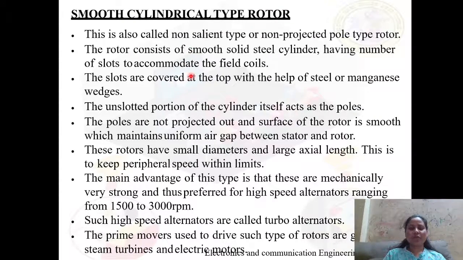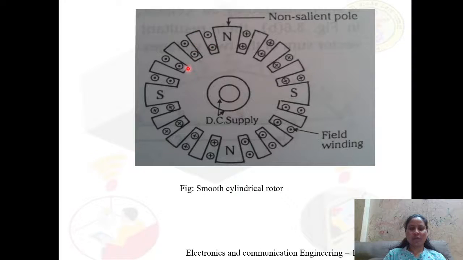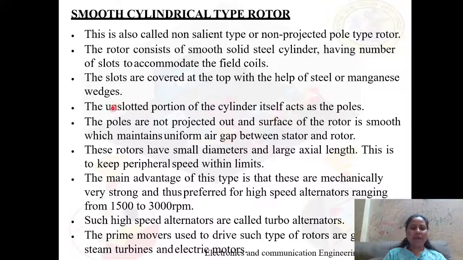Here we can observe that the rotor contains a solid steel cylinder, and it has slots. These are nothing but the slots, and the unslotted portion, as I said, acts like a pole.